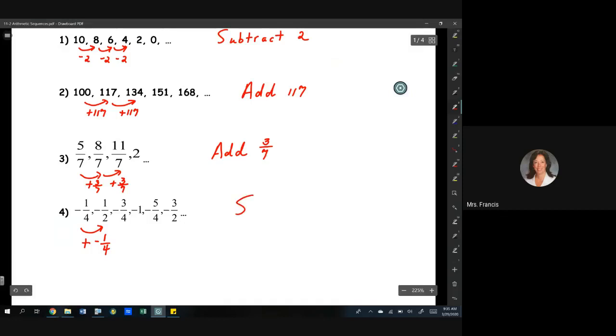So we're going to say subtract 1/4. This was kind of a little preliminary view of what we're going to be doing throughout this exact lesson. So if you're a little confused on number 4, don't worry. We're going to do lots more examples.